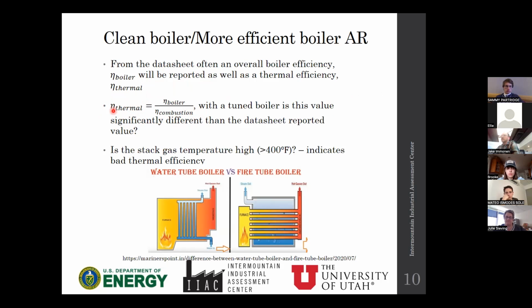And if this thermal efficiency is really bad, something we could recommend is that they clean their boiler. If it's really scaled on the inside or something like that, then the heat is not going to be transferred to the water as well. So that's one thing that we can recommend.